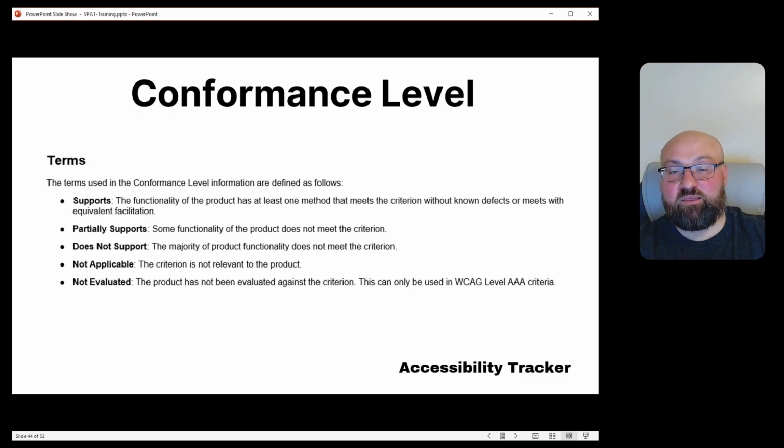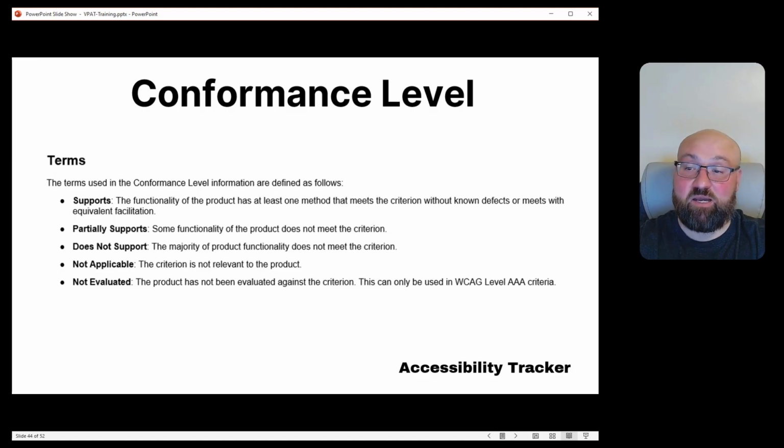So the way I look at this is, if our product meets a part of the criterion, then we'd have partially supports. And the way to think of a part is, let's use the example of success criterion 1.3.1, info and relationships. Now, that has multiple layers to it. So there can be some aspects of 1.3.1 that we are conformant with, but there may be other aspects where we are not conformant.